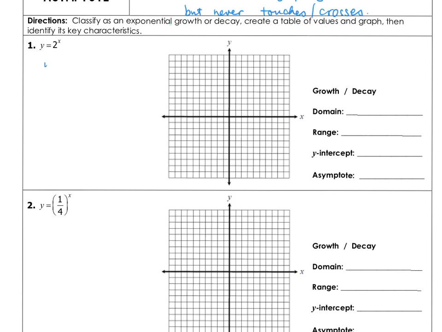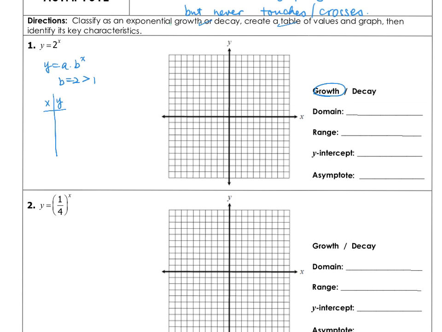Remember the standard form is a times b raised to the x. In this case, b equals 2, which means b is greater than 1. So this is an exponential growth function. Okay, circle growth.